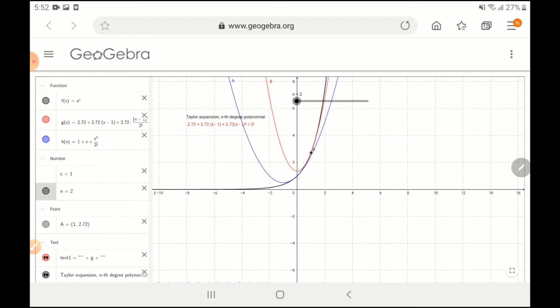That's why, as you can see here, when we have 0 here, our blue curve is approaching more effectively than our red curve. See, that's why.